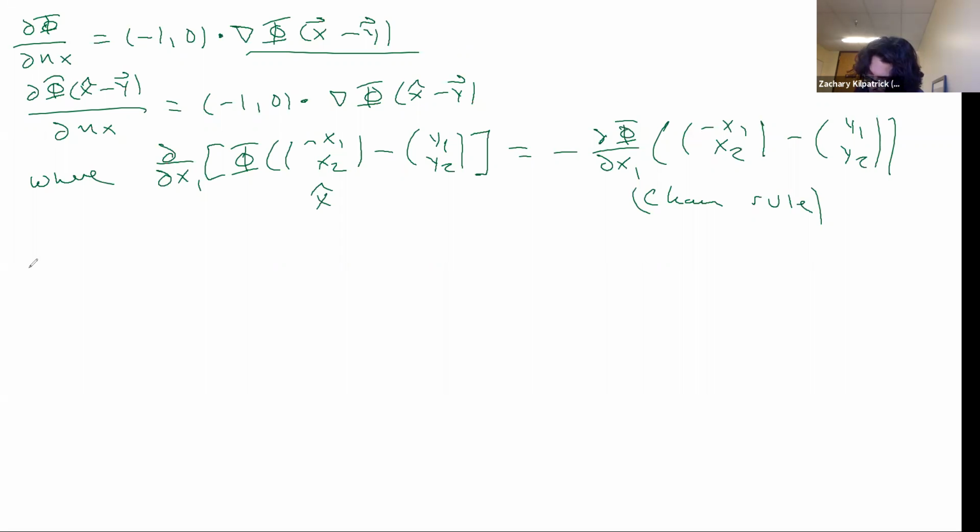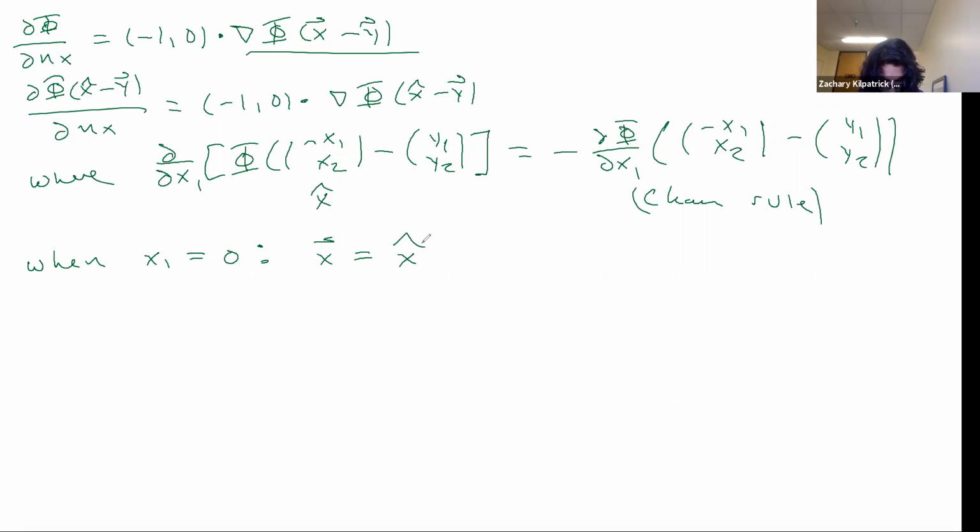And when x1 is equal to 0, okay, remember we just have that x is equal to just this x hat, okay?